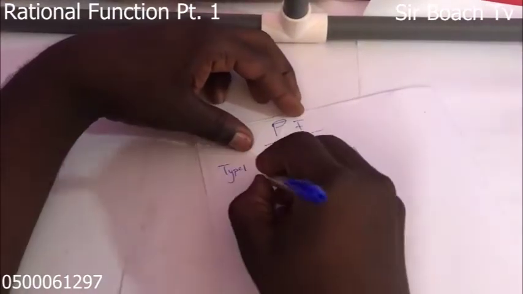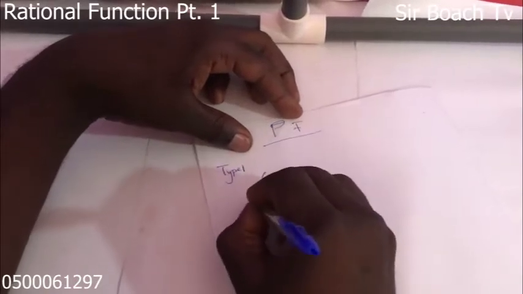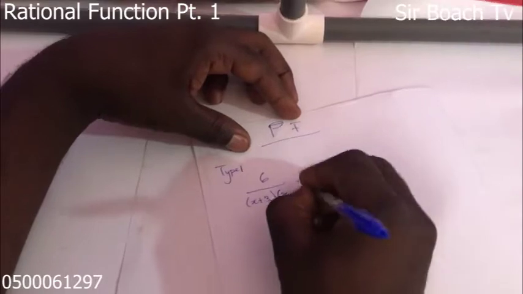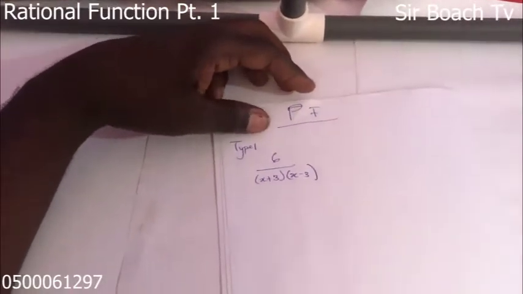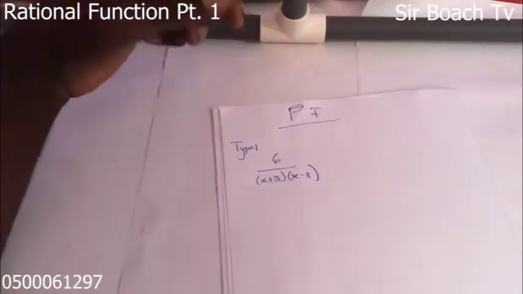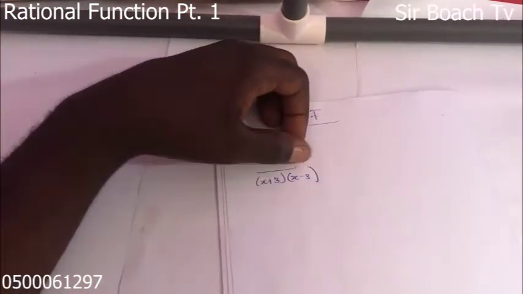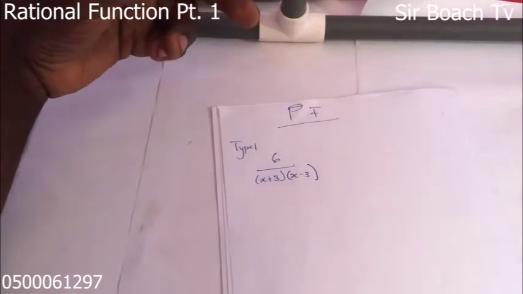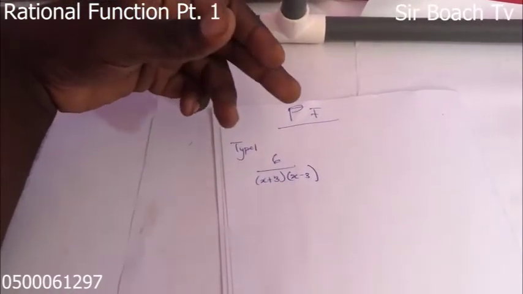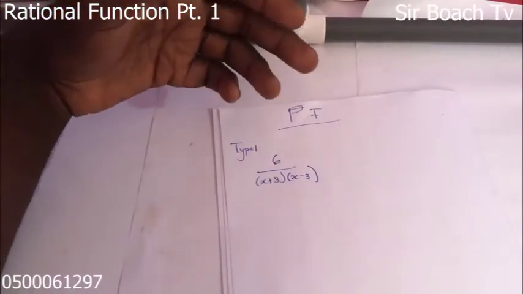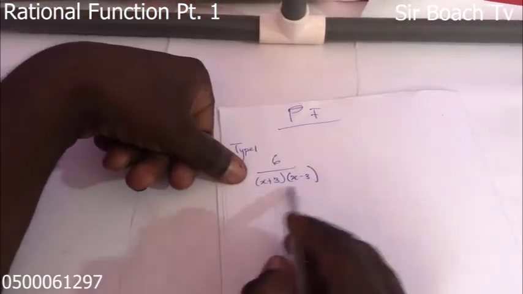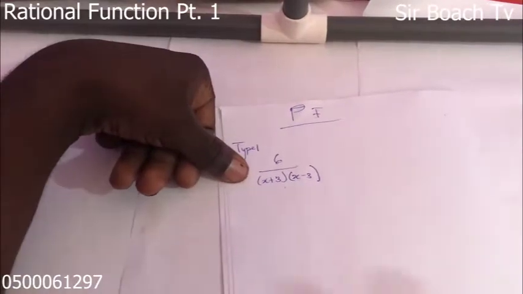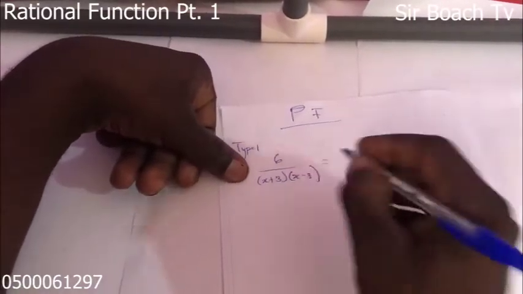Type 1, let's pick a question. Let's say 6 over x plus 3 times x minus 3. We can see that with this one, the numerator is a constant, and in the denominator we have x plus 3 and x minus 3. We are using partial fractions to solve this. First we split the denominators, then we use A and B for the numerators.